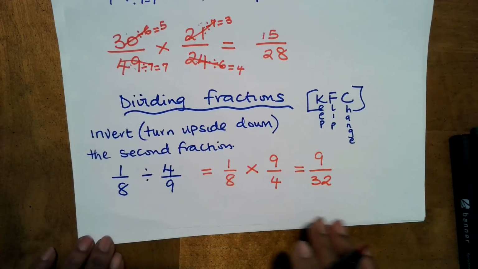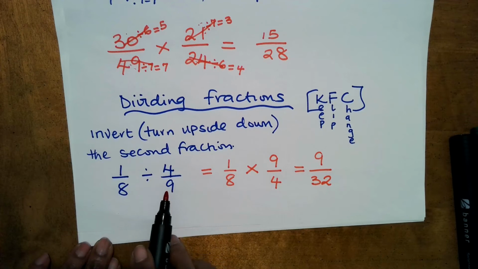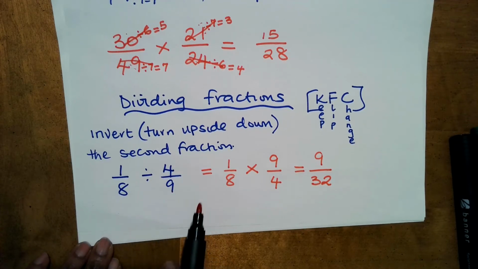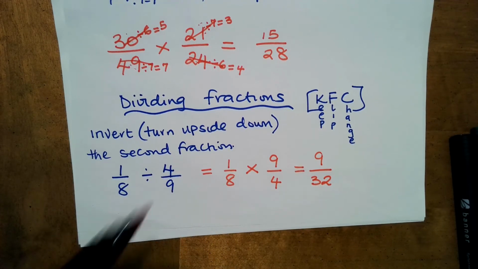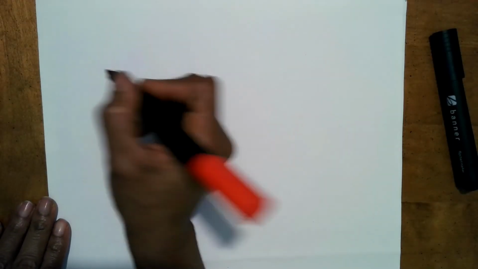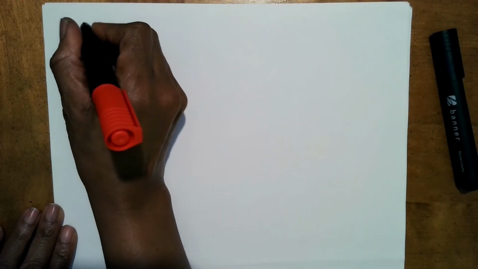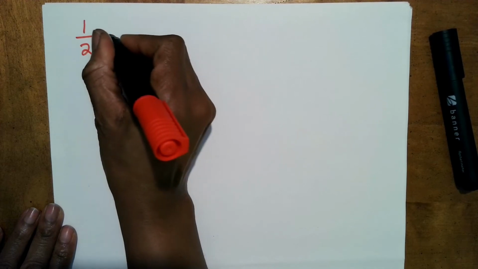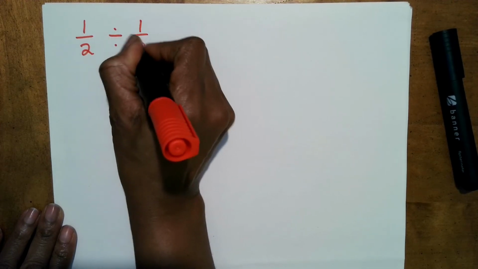So when you're given a question on dividing fractions, what you need to do is to flip the second fraction, keep the first fraction, but flip the second fraction. We've got another example. Half divided by 1/8.